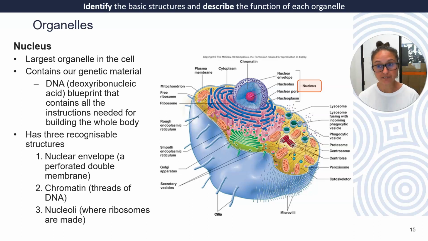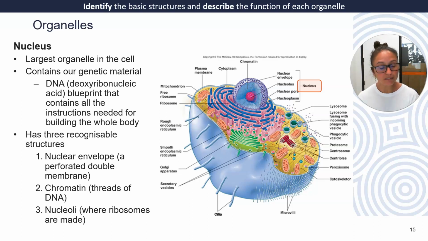Now, the nucleus is very important because it holds all of our DNA, right? If you think of DNA as a recipe book, okay? Just pretend I had a book and it had all of the instructions on how to make a human, right? That recipe book is DNA, and that DNA lives in the nucleus, okay?